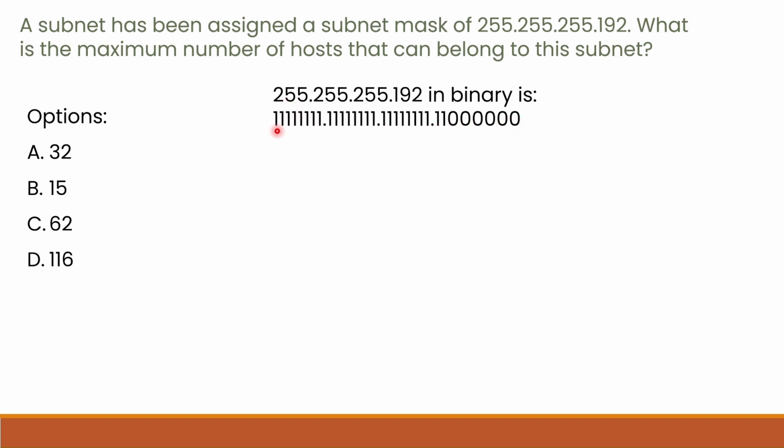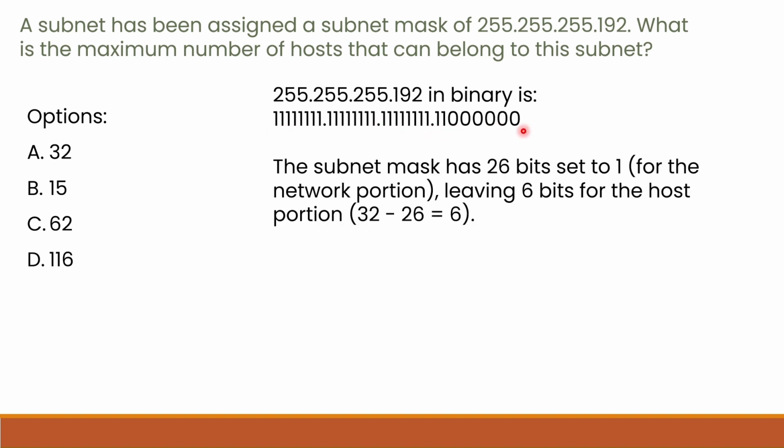So 255 can be written as 8 ones, dot, 8 ones, dot, 8 ones, dot, 11 and 6 zeros. In this binary representation, you can see that there are 26 ones and 6 zeros. So the 26 bits that are set to 1 are the network portion, and the remaining 6 bits are left for the host portion.